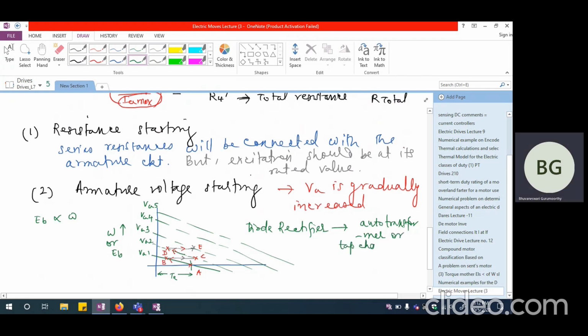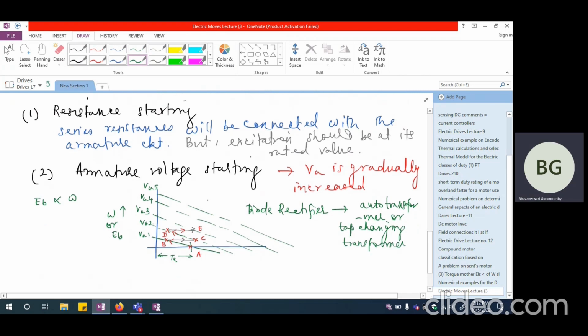So you are going to change the AC voltage itself that is applied to the diode rectifier slowly, either that way or you should have a thyristor rectifier, where you will change the firing angle slowly. So the firing angle may be changed from a larger value towards 0 degrees slowly. So one of these things will allow VA to be varied.